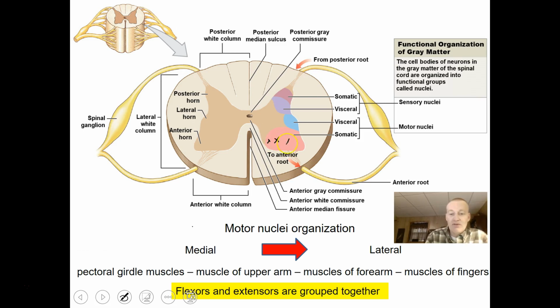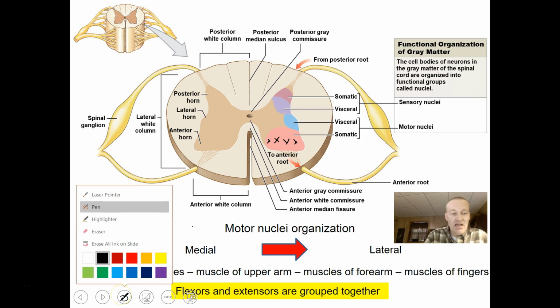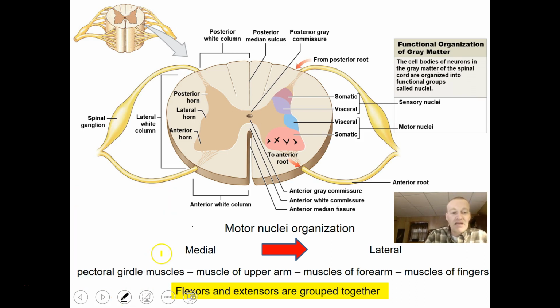The muscles of the forearm are going to be located here, and then the motor neurons controlling the muscles of the fingers. They're all organized systematically in a medial to lateral organization, and all of the spinal cord is organized in such fashion along the length of it.